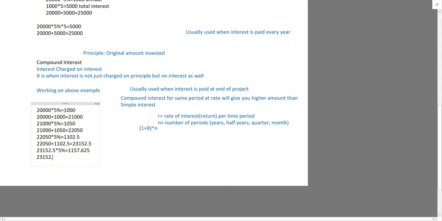There is a formula for this as well, but for now let's do it like this.